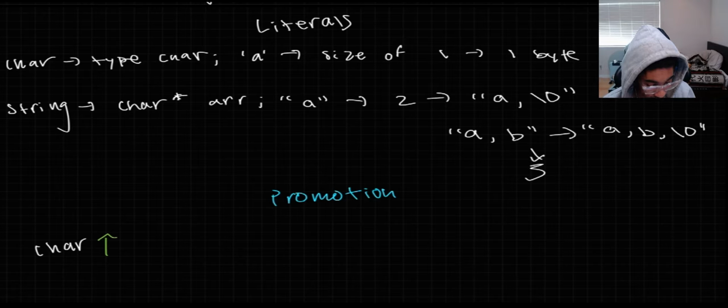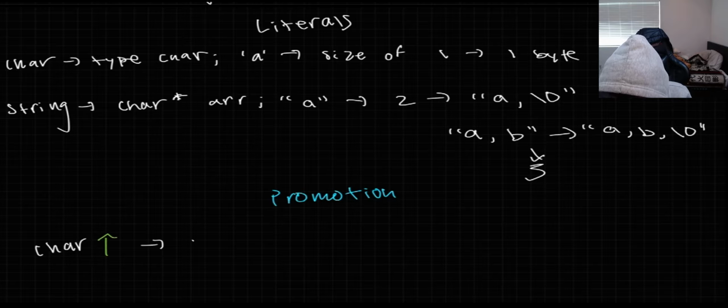Specifically for characters, they get integer promotion. So in arithmetic, characters are typically converted to an integer. So that's pretty much character promotion. They just get converted to integer.